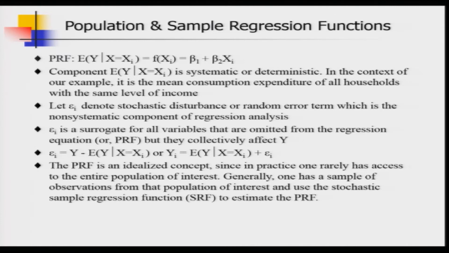There is no stochasticity involved in it, because the mean, once it is computed, is a constant number. So, there is no fluctuation there. In the context of our example, it is the mean consumption expenditure of all households with the same level of income. Okay. But real life is not this simple like textbook or classroom, right.